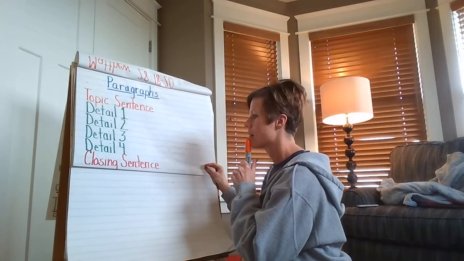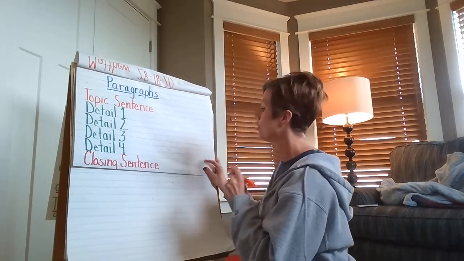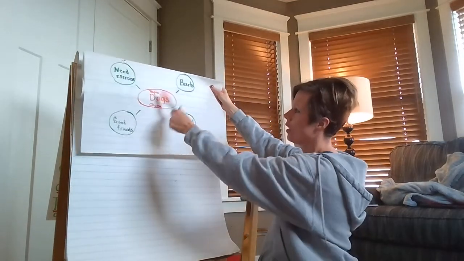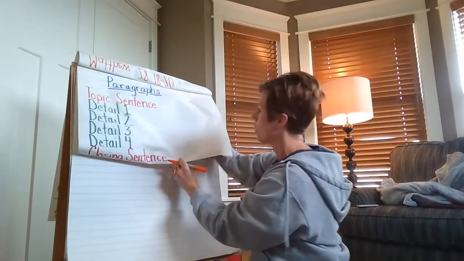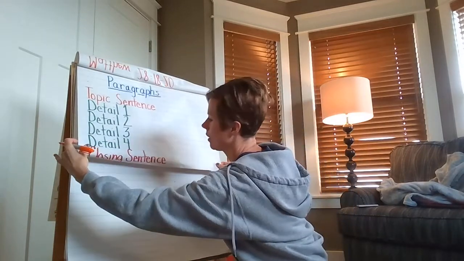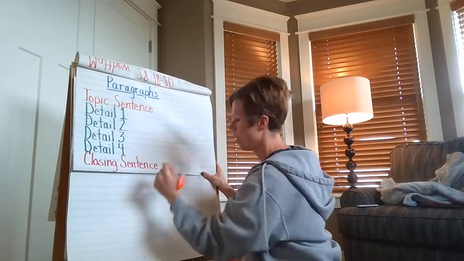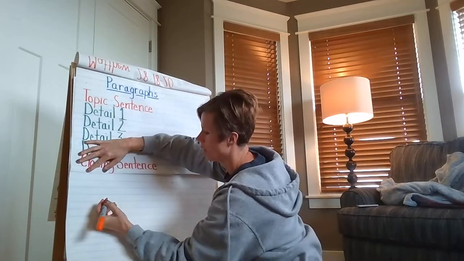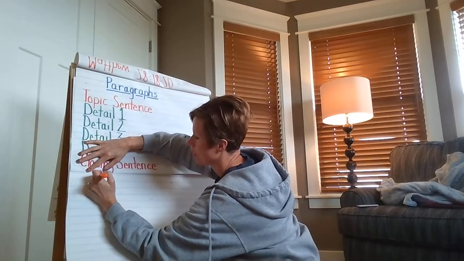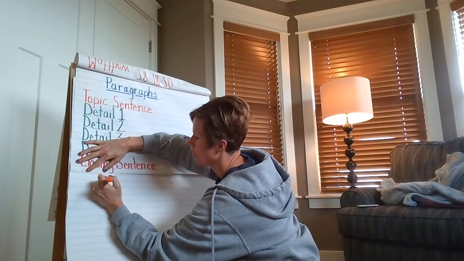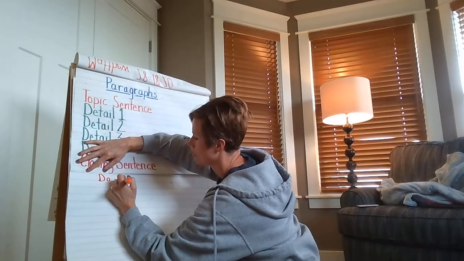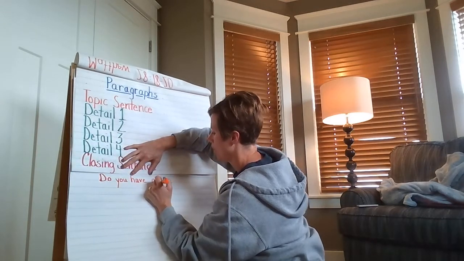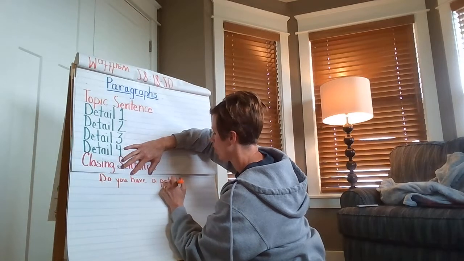Let's see. I could say, and you don't want to use any of your details up yet. You don't want to use those. You just want to introduce the topic of dogs. So let's see. Oops, I just got that on my carpet. Great. Okay, so I could start out by saying, do you have a pet dog?